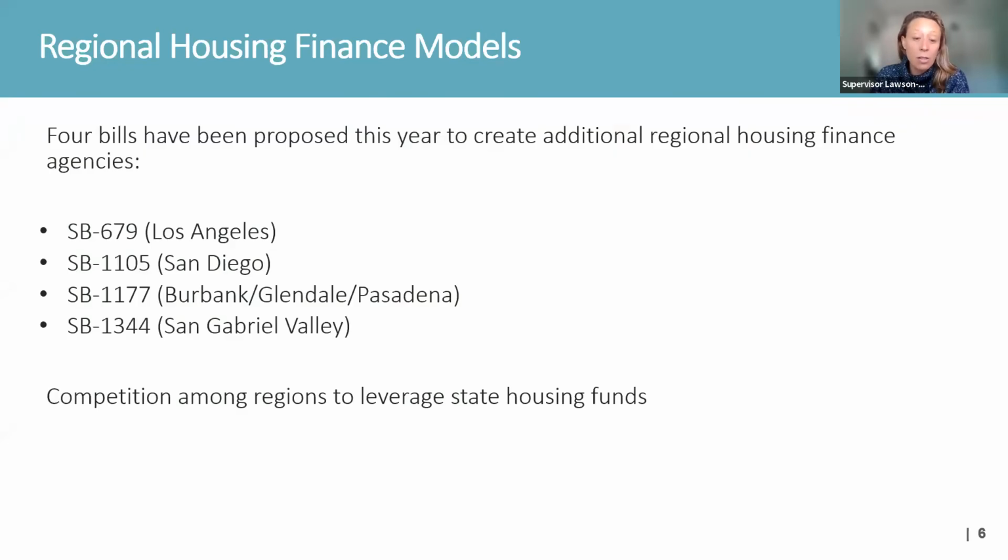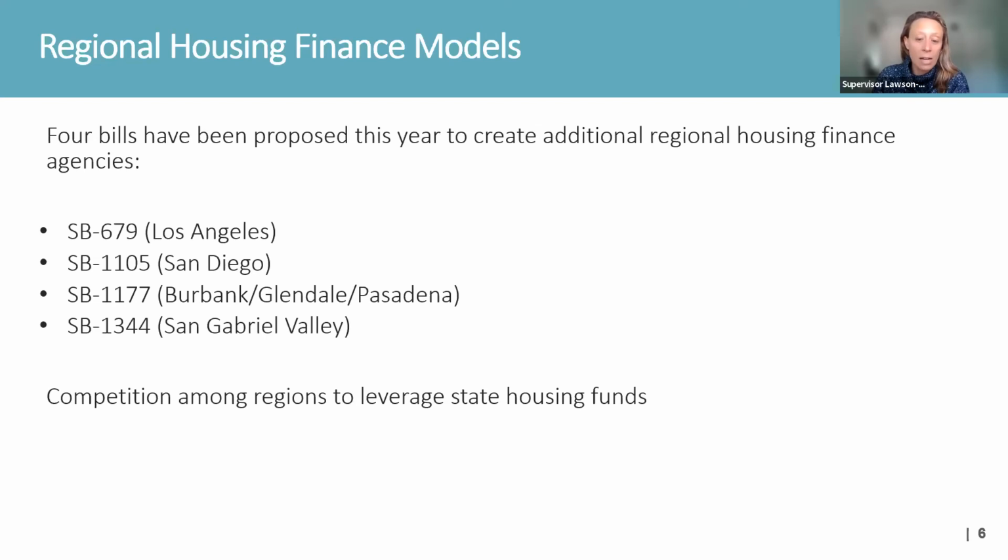So other regions across California are already taking notice of what's been going on in the Bay Area and don't want to miss out. So there are already 4 bills currently working through Sacramento to create regional housing finance approaches similar to the one that we've been talking about for Southern California and for San Diego. So I think the trend is extremely clear.